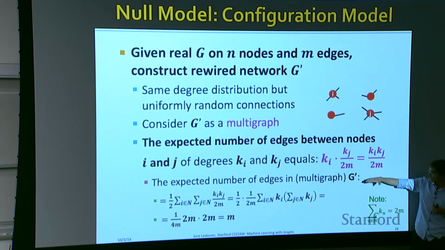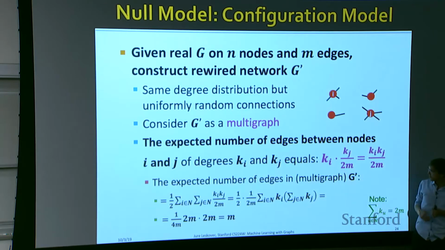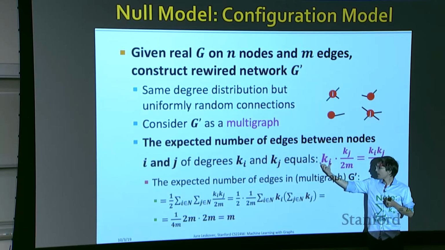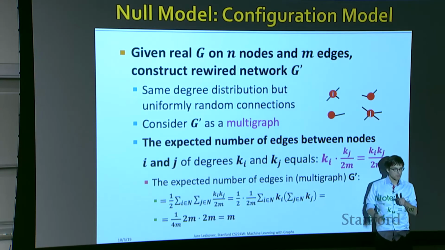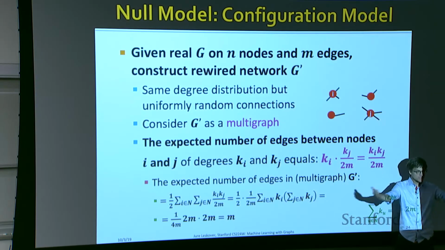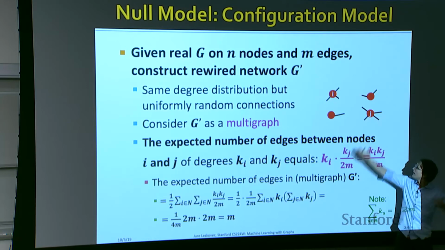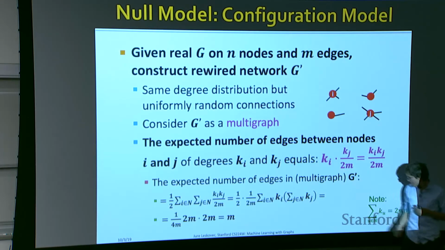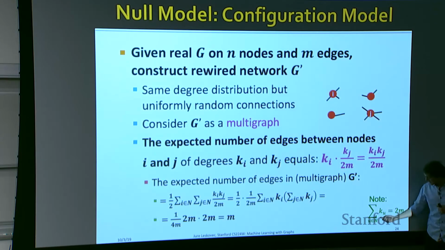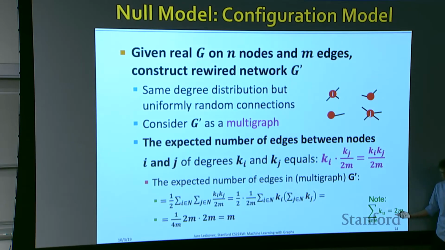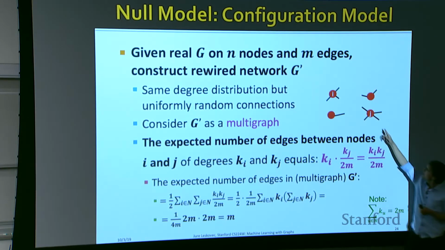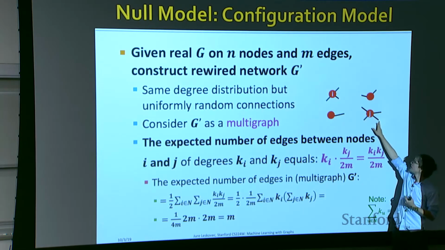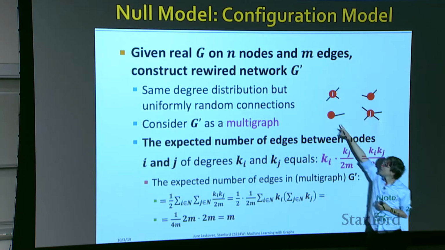Let me first explain how you derive this equation. Node i has k_i spokes pointing out. What is the total number of spokes available for me to connect to? It's 2 times the number of edges. The important thing is that the sum of the node degrees is twice the number of edges, because if I sum up the degrees, every edge gets counted twice: there is one endpoint and there is the other endpoint.